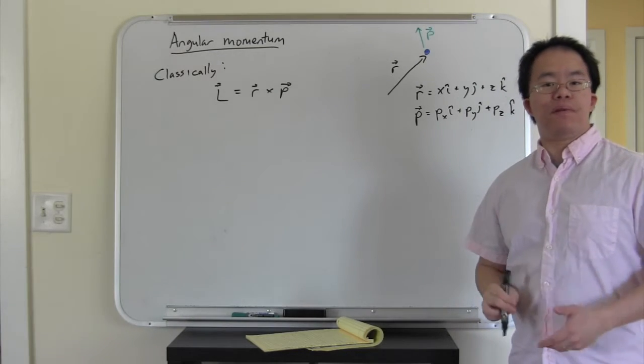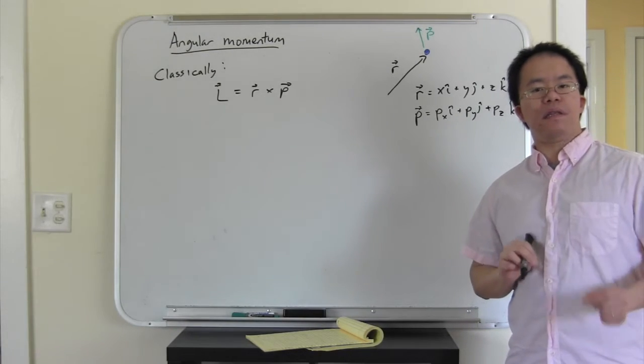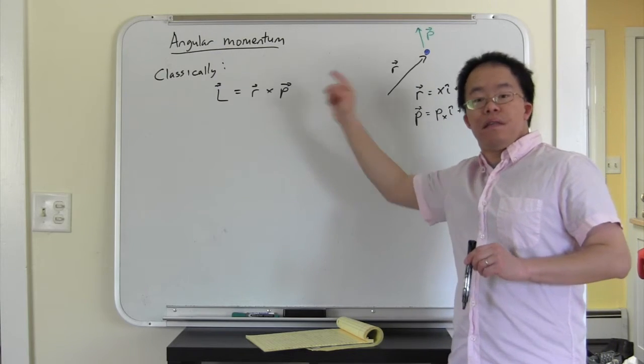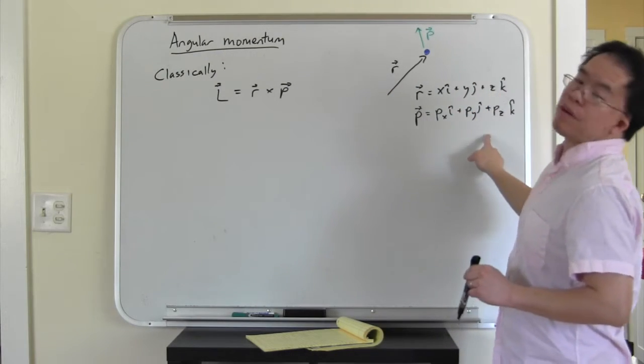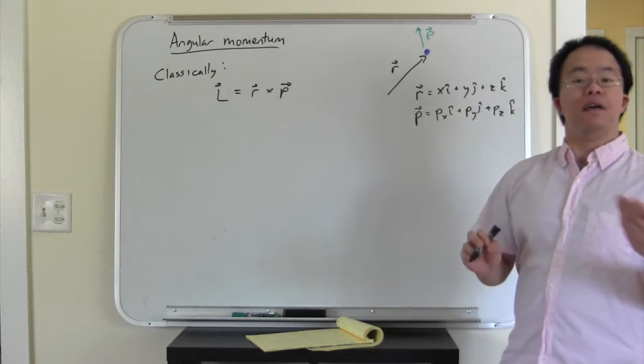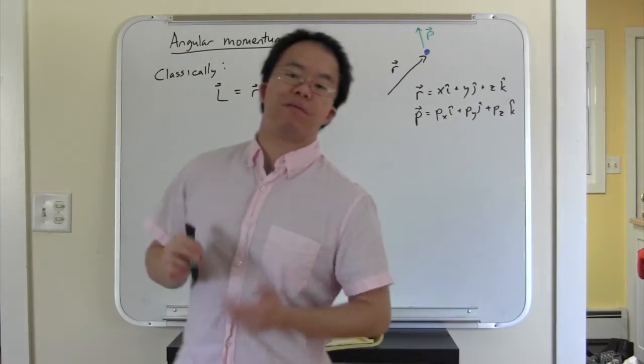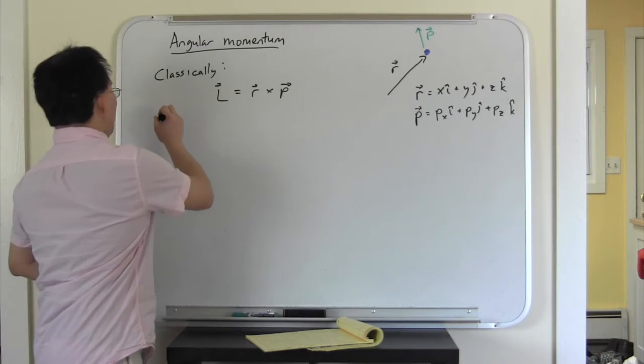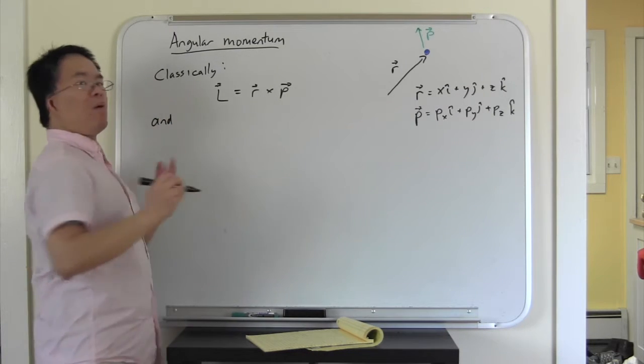Well, you might remember from 117, 118 that I can write out the components of the cross product in terms of the components of the vectors. You might have your own favorite mnemonic for remembering how to do that, like the determinant. But I'll just write down one example.